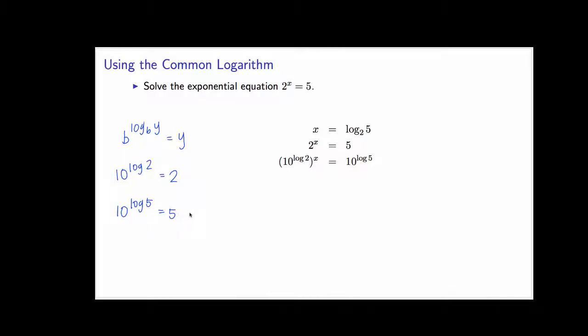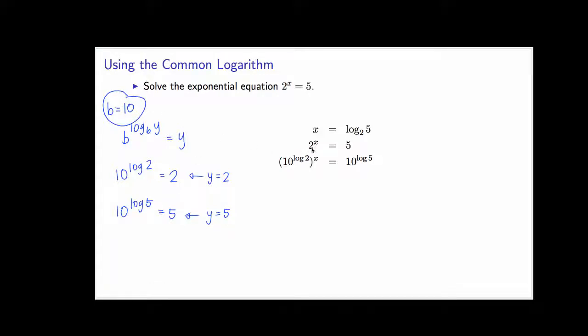So we're using this property of logarithms that we looked at previously with a base 10, our common log, and in this first equation, we're applying this property with y equals 2, and in this second equation, we're applying this property with y equals 5, and in both cases, we have a base of 10.